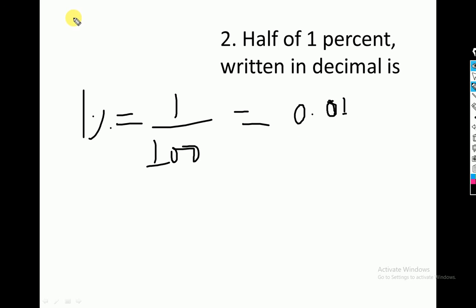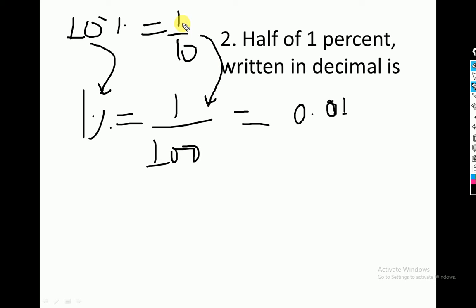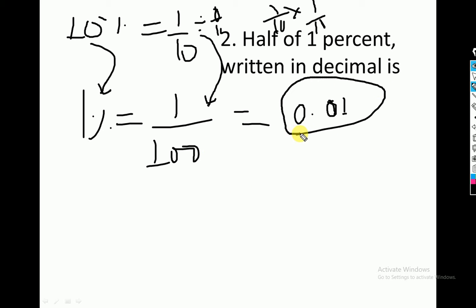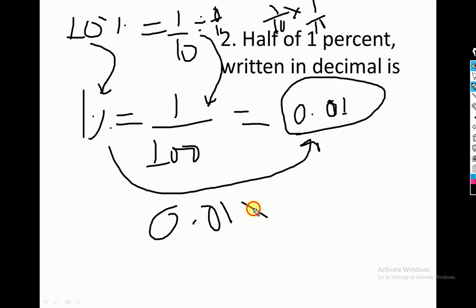If 10% is 1 by 10, dividing it by 10 gives 1%. Similarly, we divide 1 by 10 by 10. 1 by 10 into 1 by 10 is 1 by 100. So 1%, in the form of decimal, comes to 0.01, and half of it, 0.01 into 0.5, how much is it? It's 0.05.